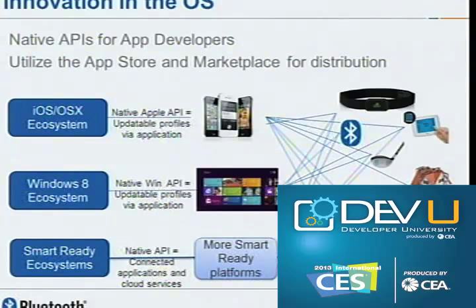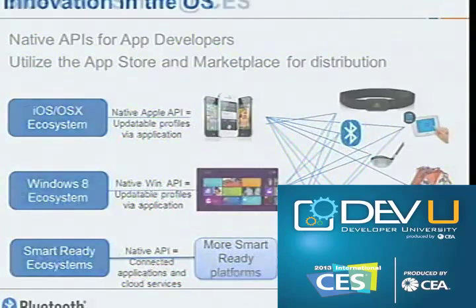And as new Smart Ready ecosystems become available, it provides the same opportunity: native APIs, connecting devices to APIs, and connecting applications to devices. And this is huge. This is a big development for the application marketplace, something that's been asked for a long time, but is finally being delivered and finally being put out into the marketplace.